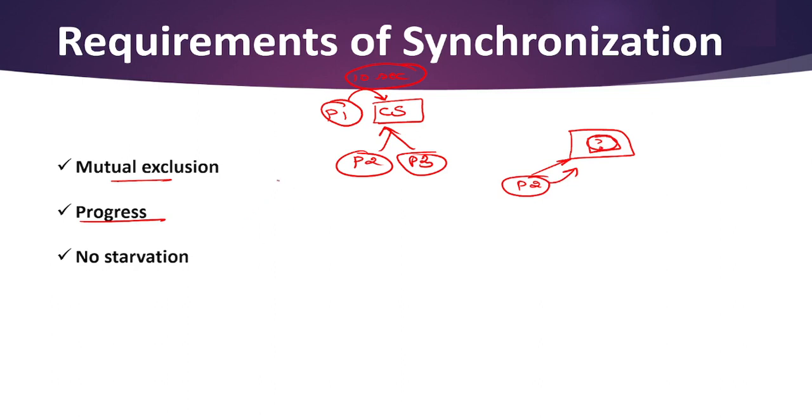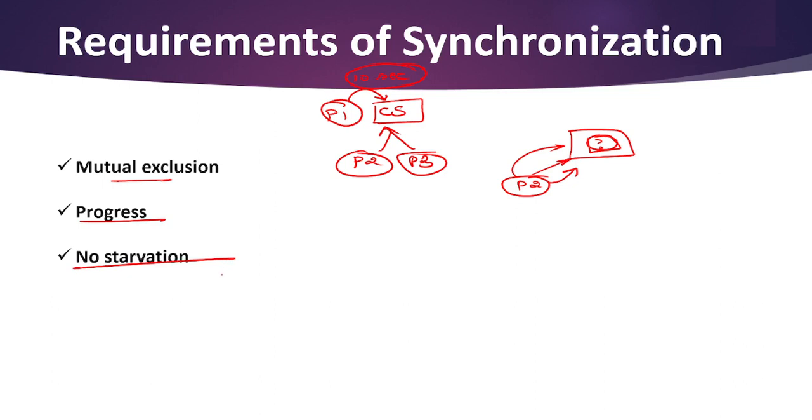The decision of which process will enter the critical section will be taken only by those processes that are not executing in the remainder sections. So this is the progress of process synchronization.